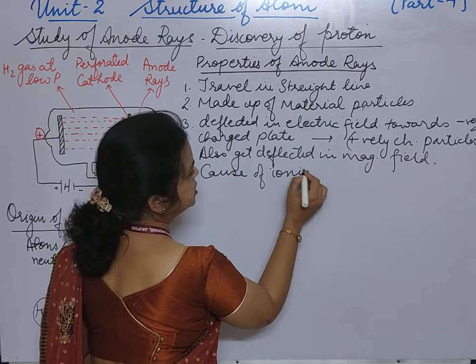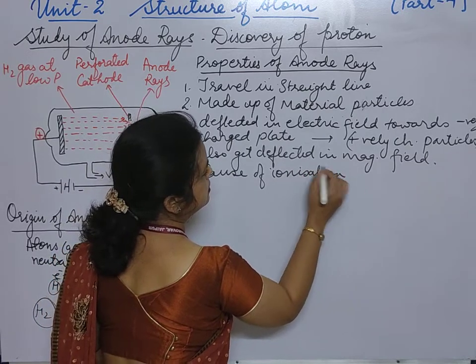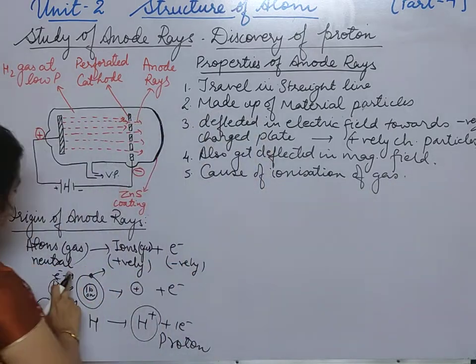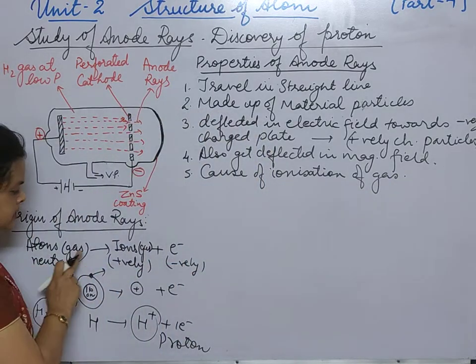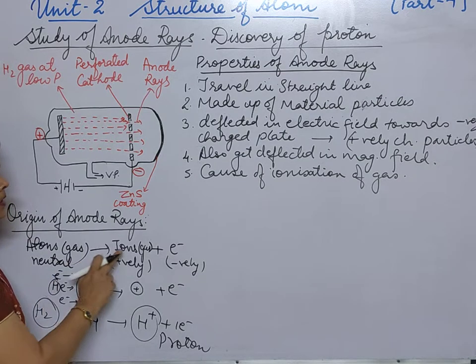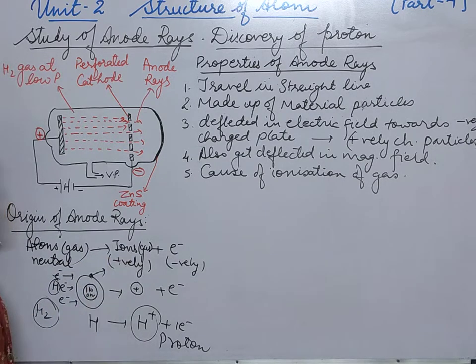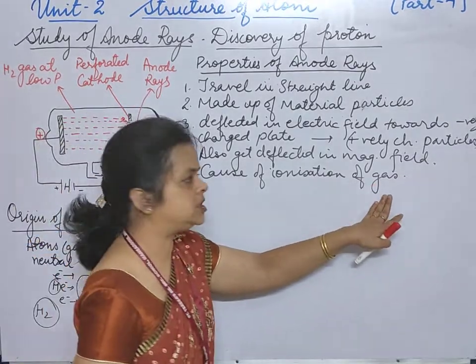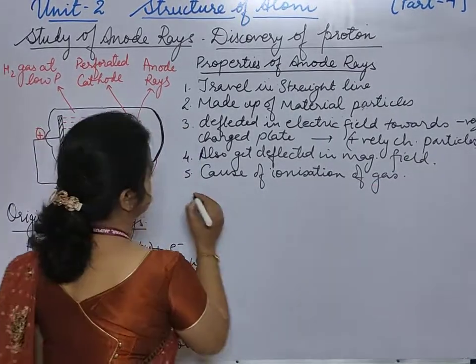What is ionization of gases, students? Here gaseous atoms were there. When electrons bombarded them, they converted them into ions. So same here, they also convert the gaseous atoms into ions.